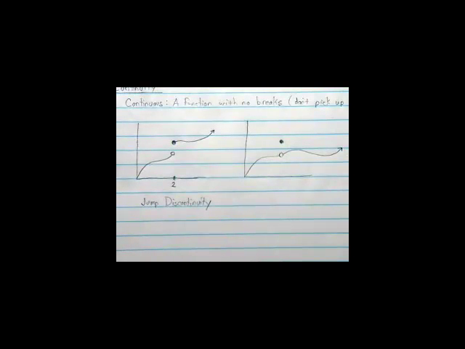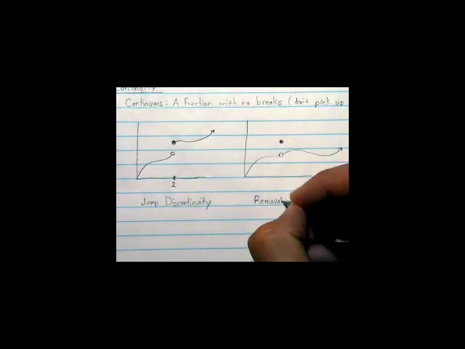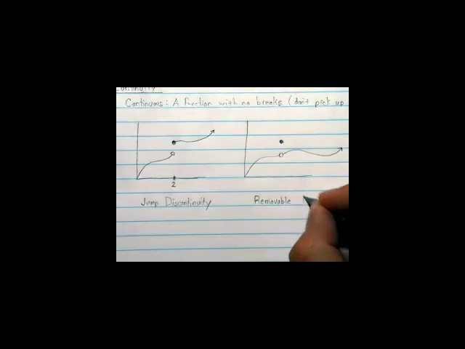These are pretty rare, but this is called a removable discontinuity. So if it jumps up, that's a jump. If you've got a hole in the function, that's a removable discontinuity.